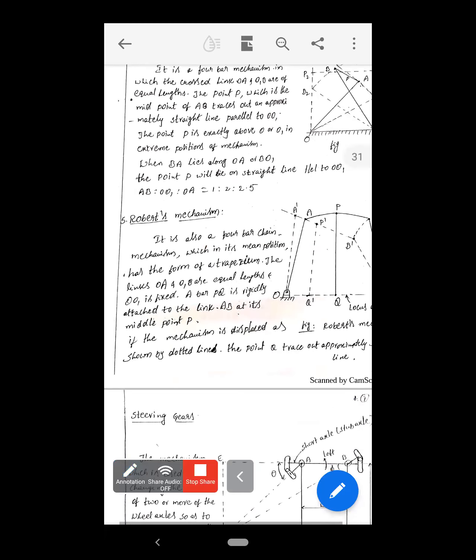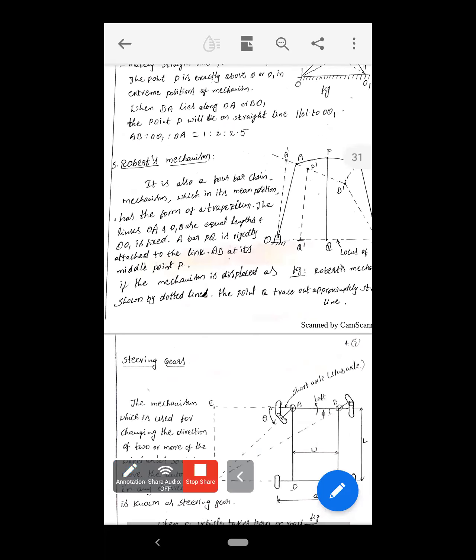Now going to see another one, that is the Roberts mechanism. Just observe our diagram.